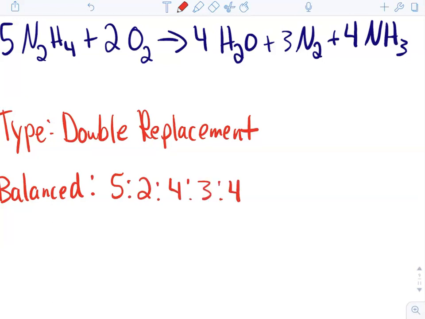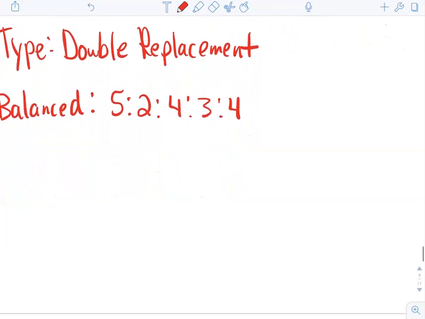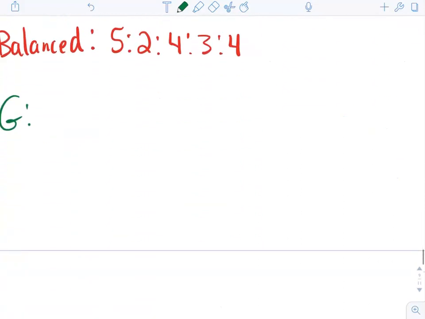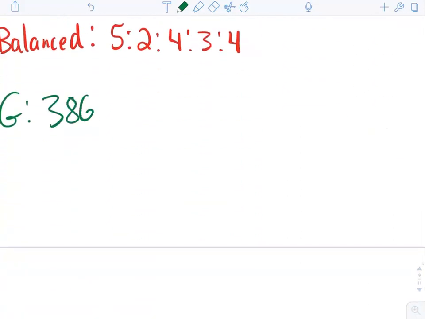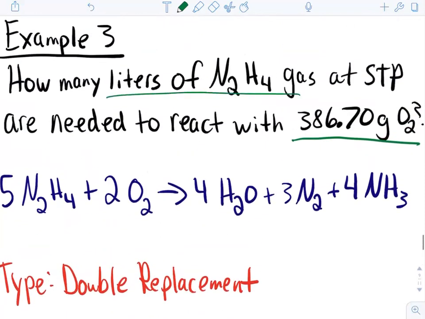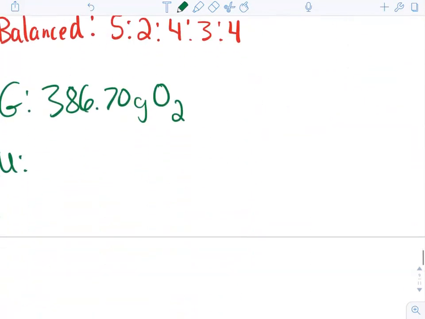Okay? And then for our given, we start out and we are given this 386.70 grams of O2. Our unknown, we're trying to get to liters of N2H4.